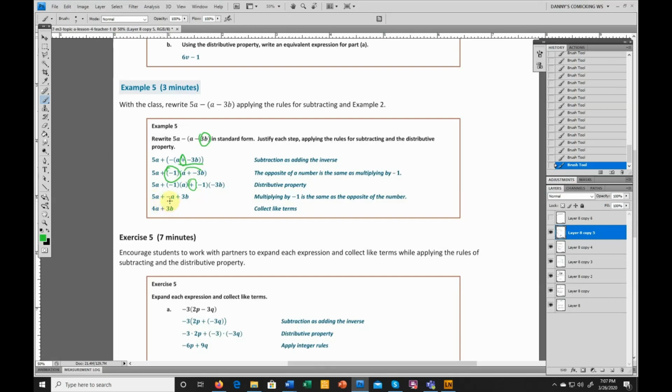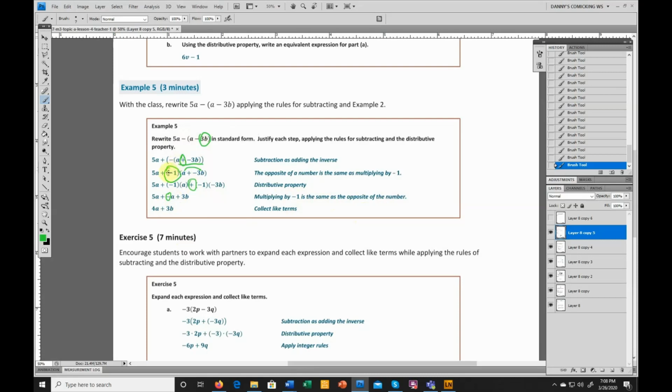5a plus minus a equals 5a plus minus a plus 3b. So remember this plus minus here? Right. So that minus, it gives us the same ultimate answer. We've just changed where it is. Multiplying by minus 1 is the same as the opposite of the number.